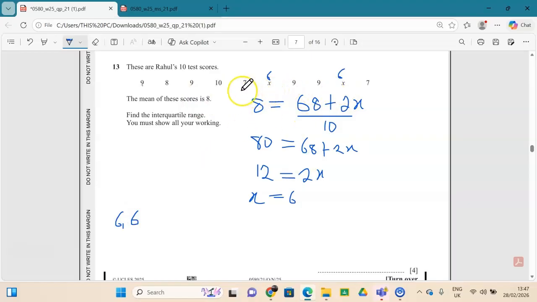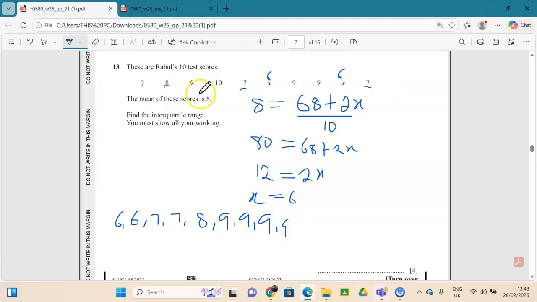How many 7s? 1 and 2, so we have 7, 7, and 7. After 7, how many 8s? Just one 8. After 8, we have four 9s: 9, 9, 9, and 9.